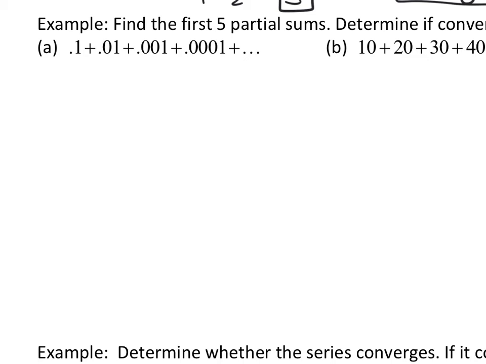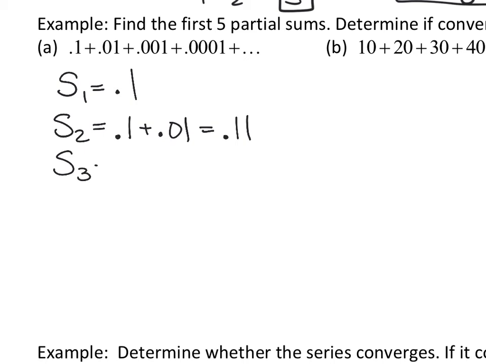So my first partial sum, the sum of the first term, is just literally, for this one, going to be 0.1. Great. The second partial sum means I'm taking the first 2 terms and adding them together. So the second partial sum is 0.11 because 0.1 plus 0.01.